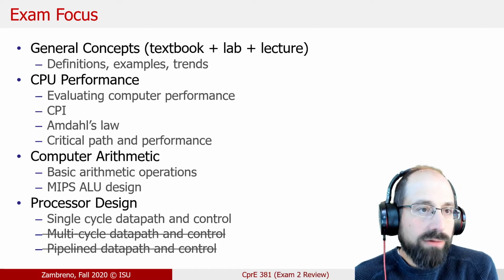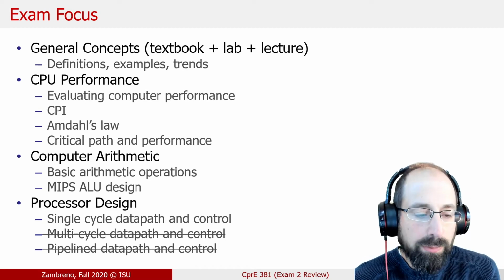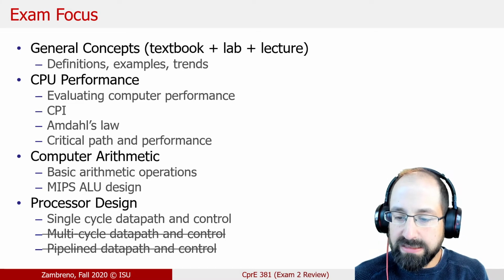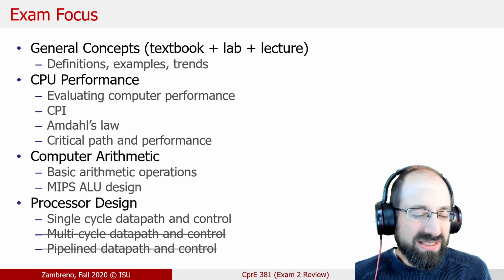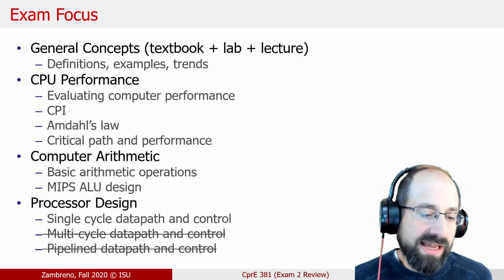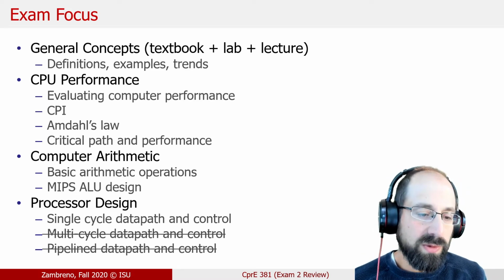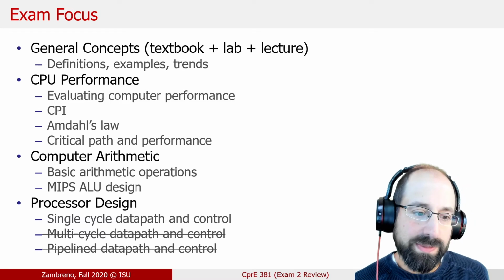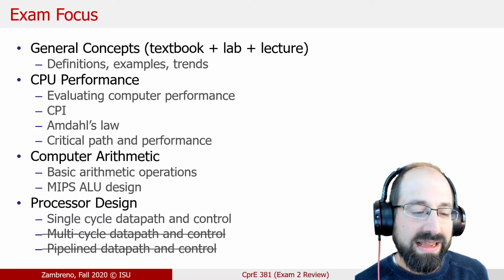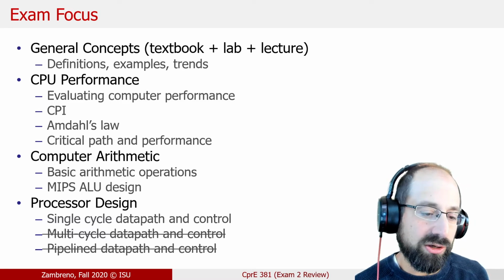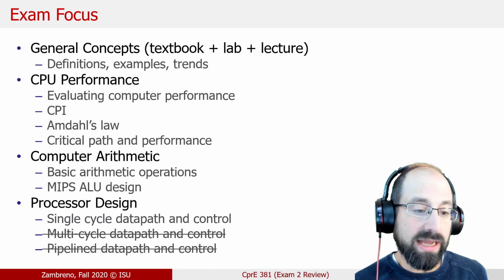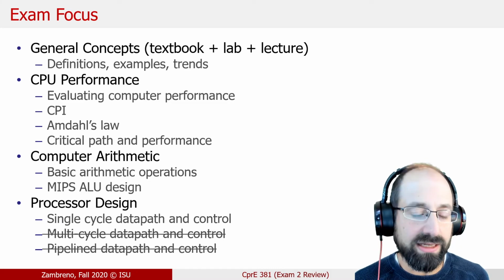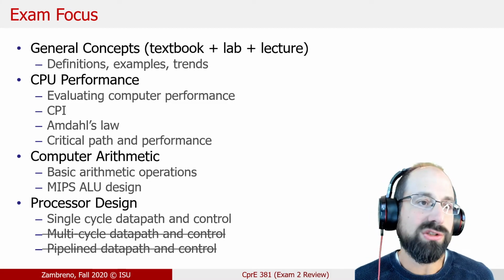So we started off looking at that CPU performance topic. The textbook brings that out in the very beginning, but it's very abstract when it's in the very beginning of the textbook. I wait until a little bit later in the semester, when we already know a decent amount about the MIPS ISA, to now talk about performance, because now it starts to make a little bit more sense in terms of what it means to have different CPI values and how we can estimate processor performance based on instruction mix, because we know what the instructions are generally doing.